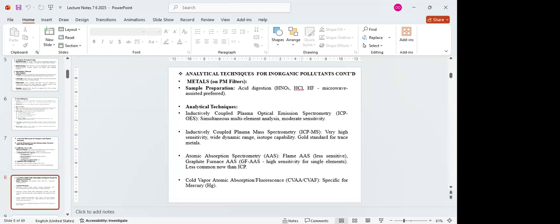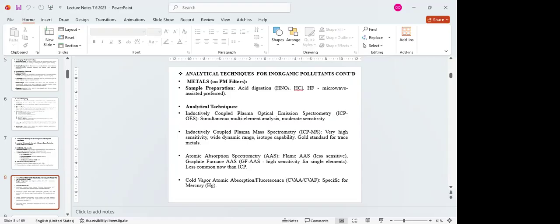The other one is the flame AAS, which is also less sensitive but works on the principle of flame, individual flame characteristics and identification for metals like sodium, potassium, particularly the group 1 metals.